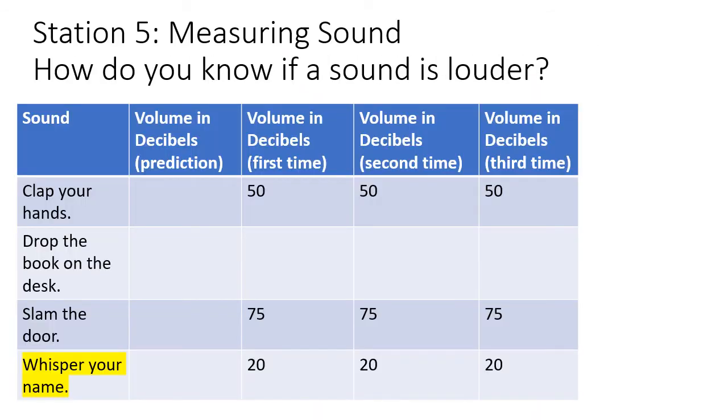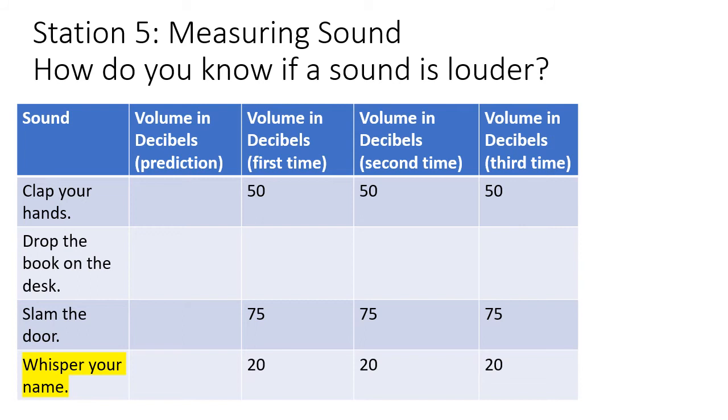Okay, so at station 5, we did as a class, we measured sounds using an apparatus. Do you know what apparatus we use to measure sound? Okay, so we made different sounds. We know sound is made by vibration, so we clapped our hands. The students made predictions in a unit called decibels.